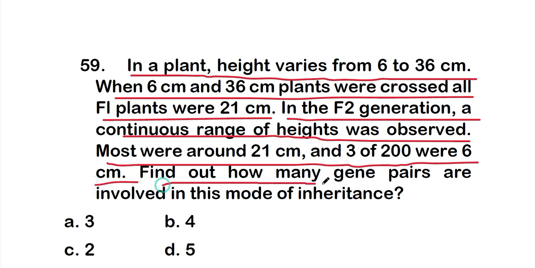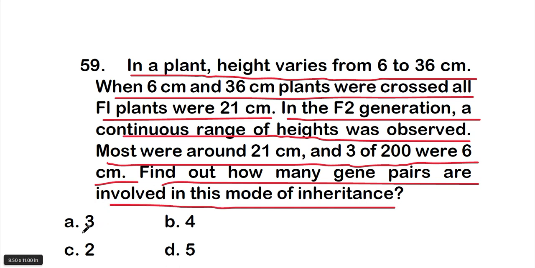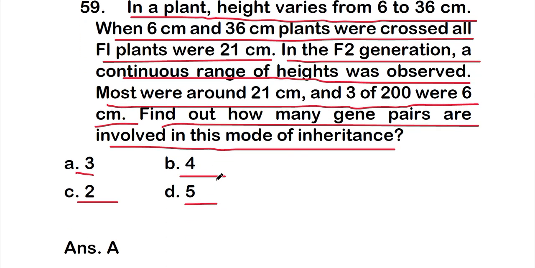Find out how many gene pairs are involved in this mode of inheritance. The options are A 3, B 4, C 2, D 5. The right one is option A, that is 3 gene pairs are involved in this mode of inheritance.